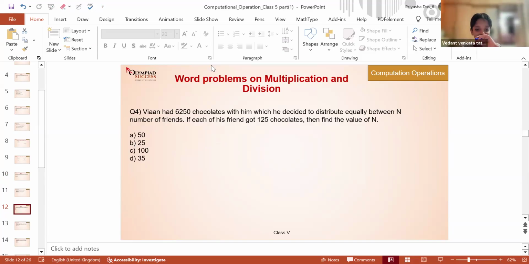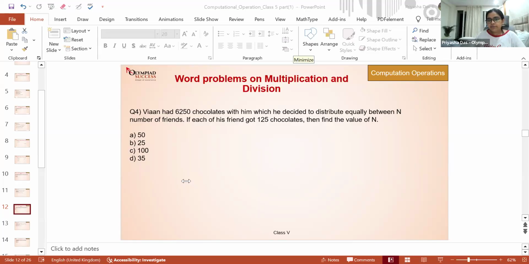Okay. Question number 4. This is very easy division, guys. Very, very simple. Samriddhi Srivastava has the first right answer. Reyanshi second.